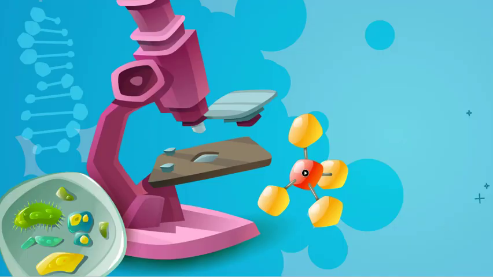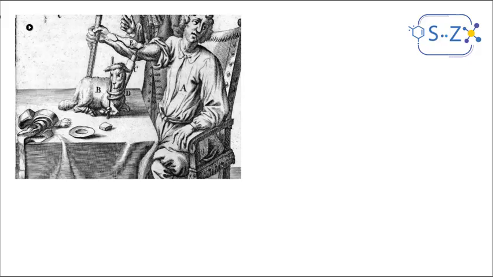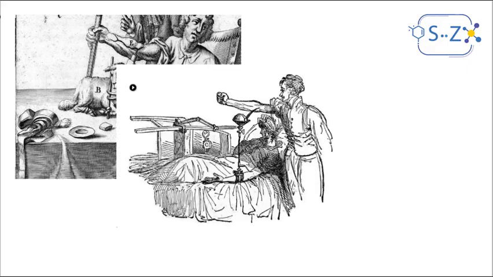Today we're going to talk about blood groups. Many years ago, when people used to get wounded in wars or different accidents and they started bleeding and losing blood, they used to give them or receive blood from any source, from different people and even sometimes from animals.